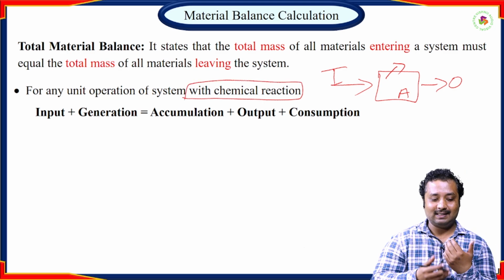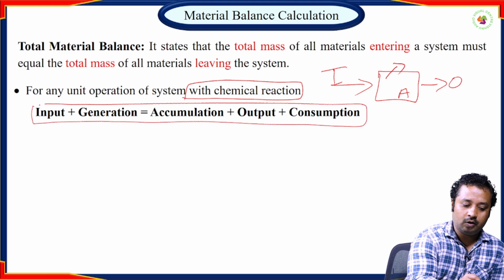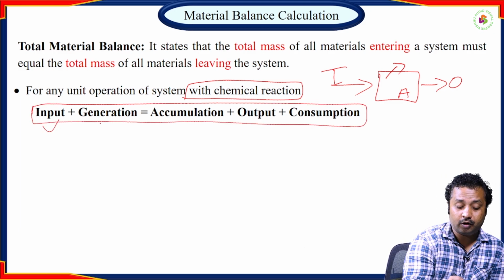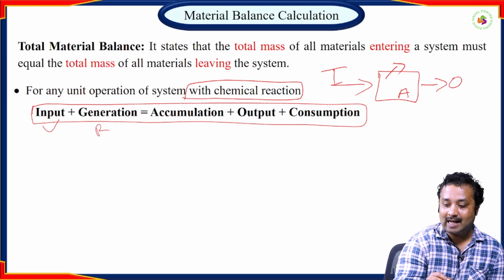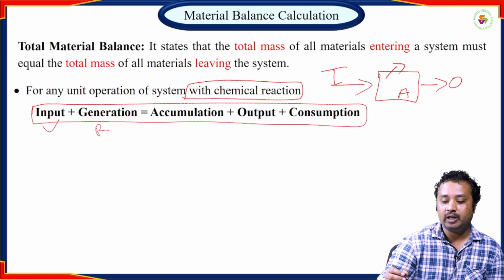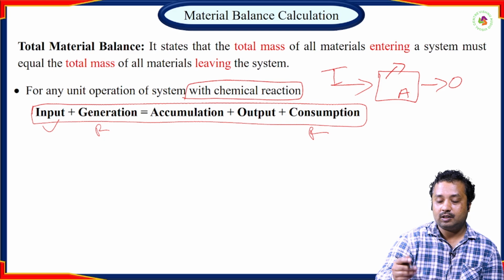Now the material balance changes to: total input plus total amount of material generated in the reaction is equal to total amount of material accumulated within the system, plus total amount of material going out, plus total amount of material consumed during the reaction.